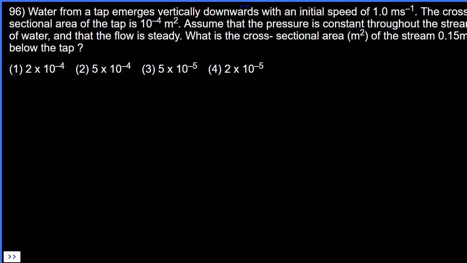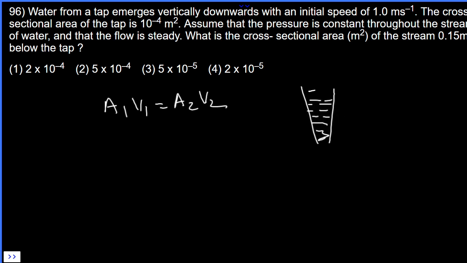First of all, this problem belongs to the equation of continuity. So A1 V1 is equal to A2 V2. We have to calculate the second area of cross section. For that, first we calculate the value of V2. Water is falling like this, so we can calculate the area of cross section of the water at the depth 0.15 meter.